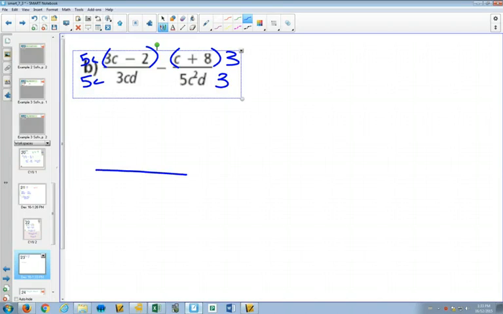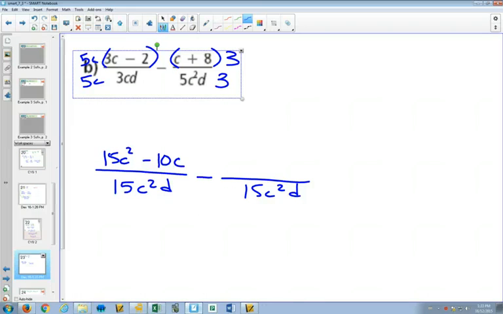And so we're going to get 15c squared d and 15c squared d. On the top here, when I distribute, I'm going to get 15c squared minus 10c, subtract 3c plus 24. So we make sure we distribute.